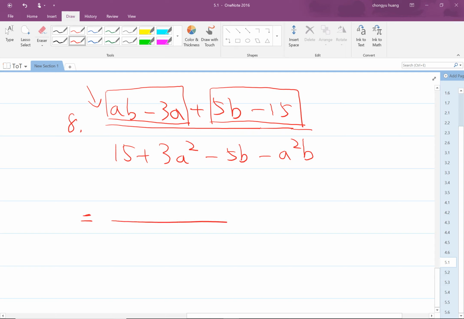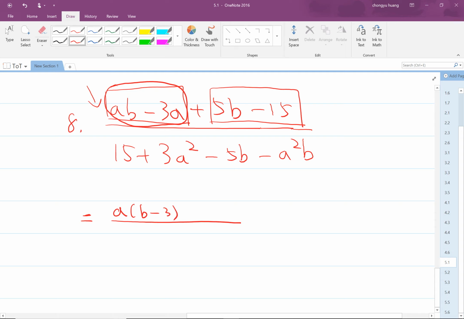Between those two terms we can factor out a. Follow my way, you will understand later why we have to do it with those two terms. On the first term, ab minus 3a, we can factor out a, and then it becomes b minus 3.